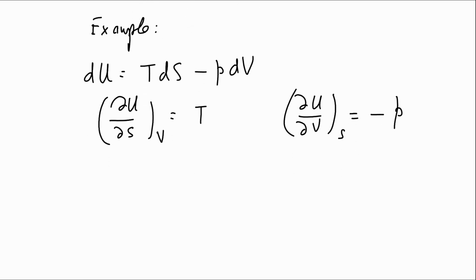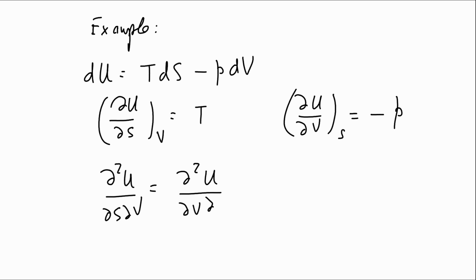And if I use this fact about the mixed partial, I'm not being totally careful, but I did it last time: hold this constant, take this derivative, then take the derivative.